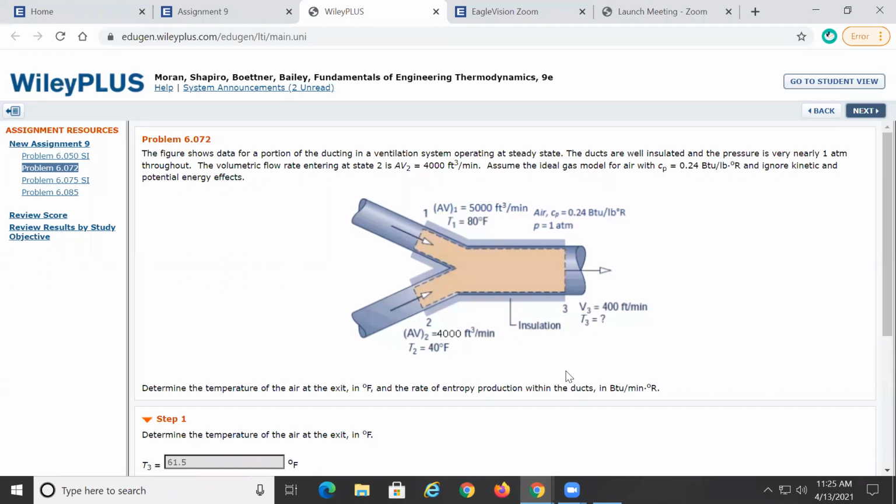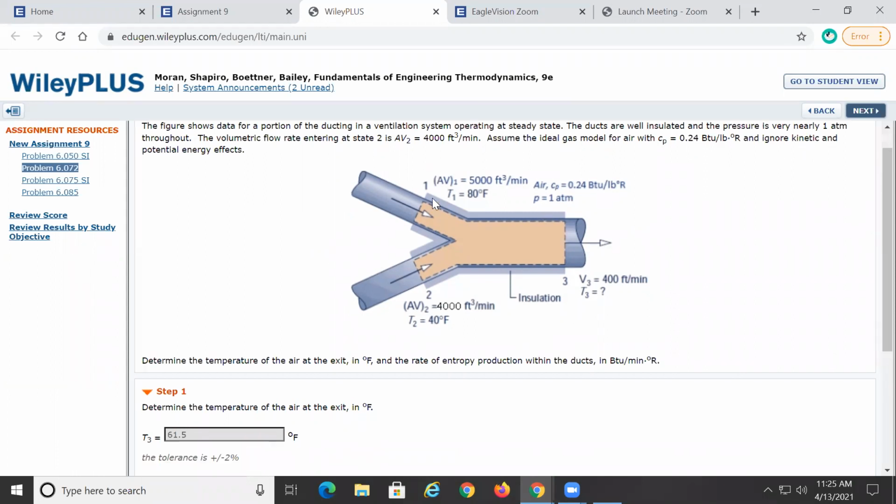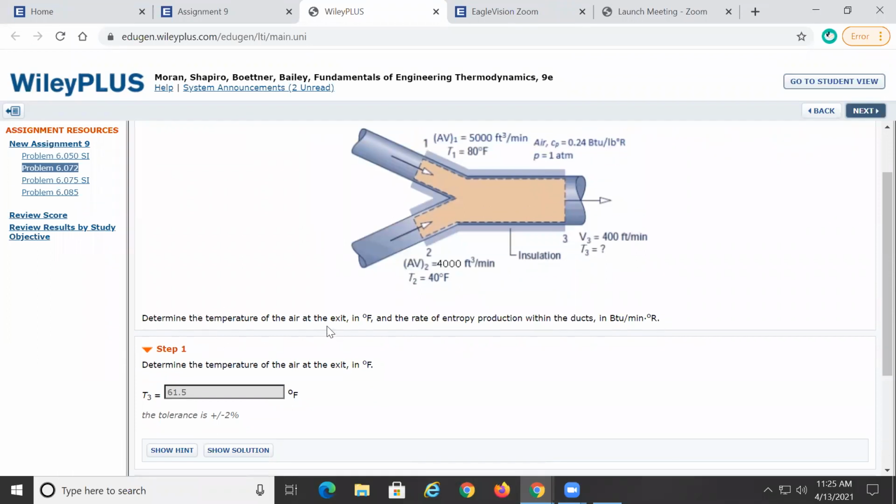Okay, it is a bit confusing at first reading, because they say assume the ideal gas and ignore kinetic and potential energy effects. So determine the temperature of the air at the exit in Fahrenheit, so we need to find T3, and the rate of entropy production within the ducts in BTU per minute Rankine.